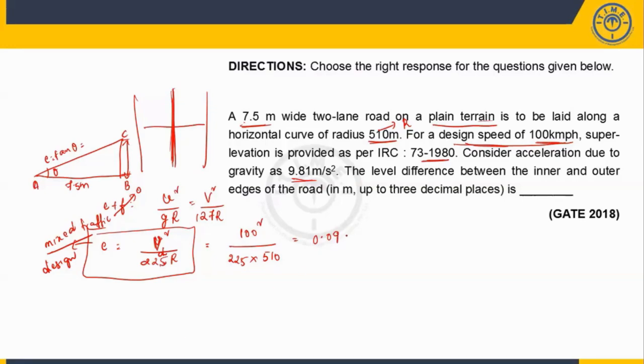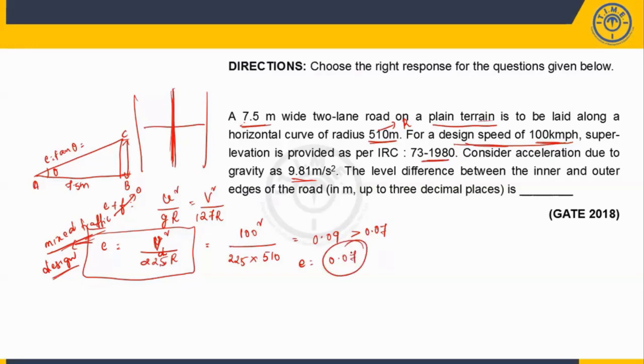Now, here we need to check. When we are going through design conditions, we need to check, is E greater than 0.07? Yes, sir. Then take E equal to 0.07 only.